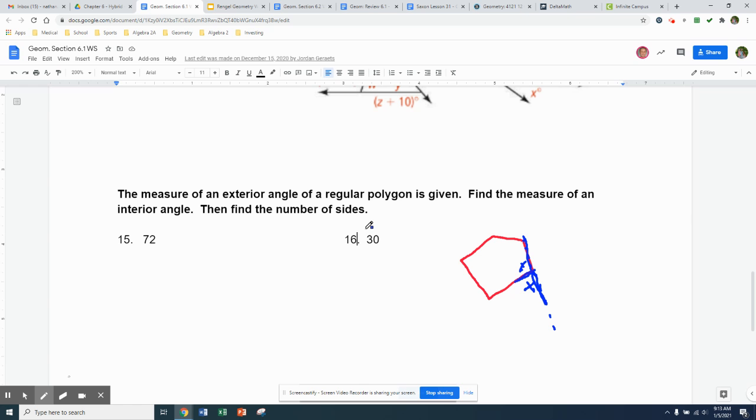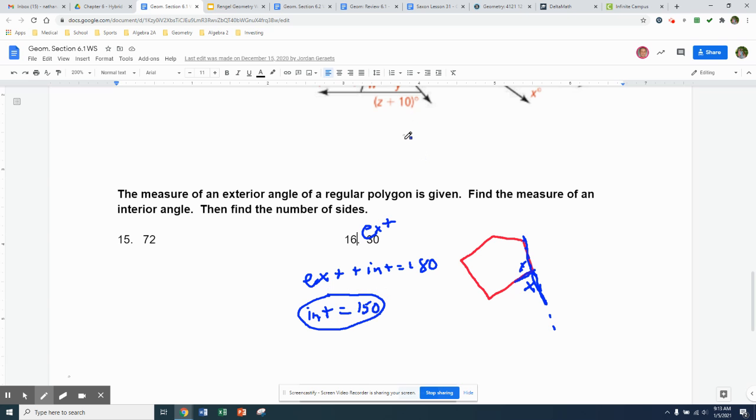Now 30 here is an exterior angle. So that means that the exterior plus whatever the interior is is going to equal 180. So my interior is going to equal 150. So there's the measure of my interior angle.